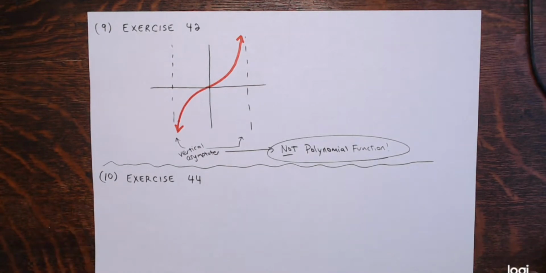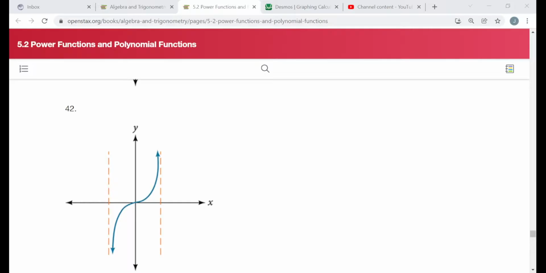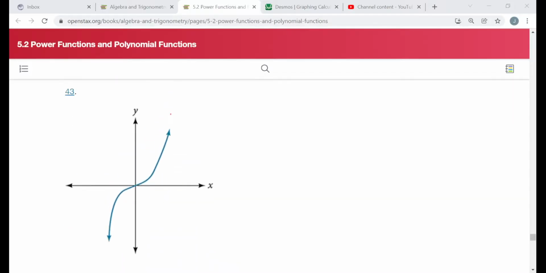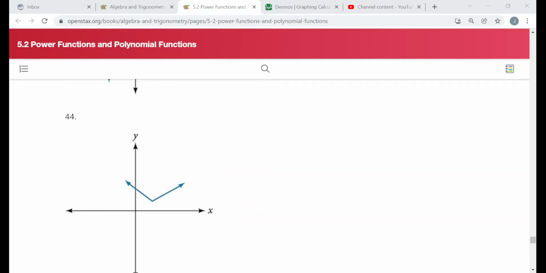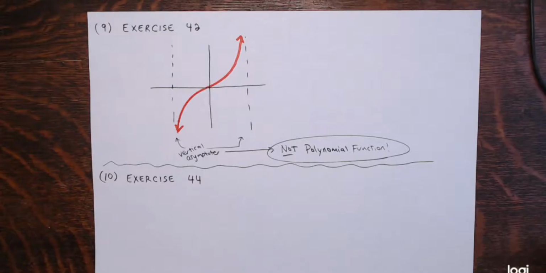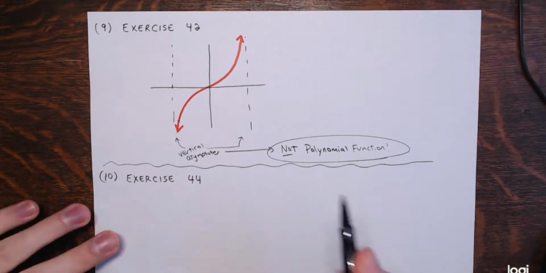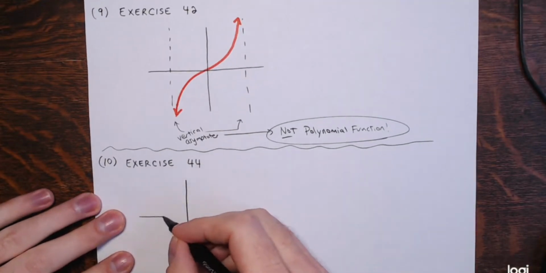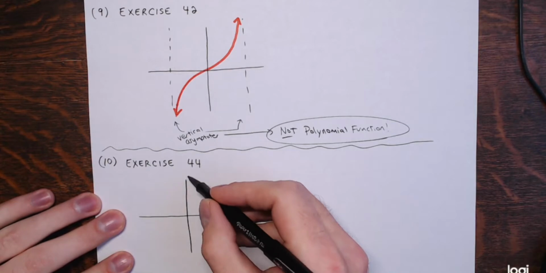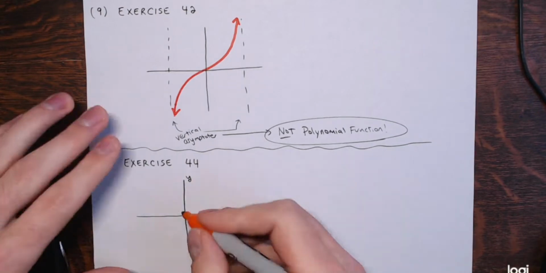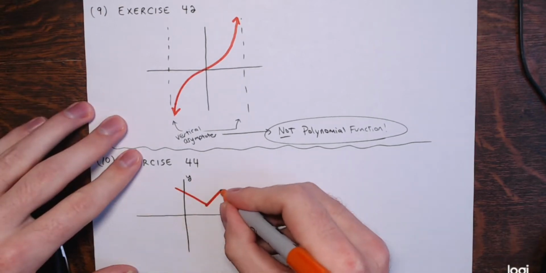All right, and then my final example, exercise 44. That's 43. Okay, this is a very simple one. I actually drew a picture like this earlier when talking about smooth functions and not smooth functions. This one looks like this, and then a very sharp corner.